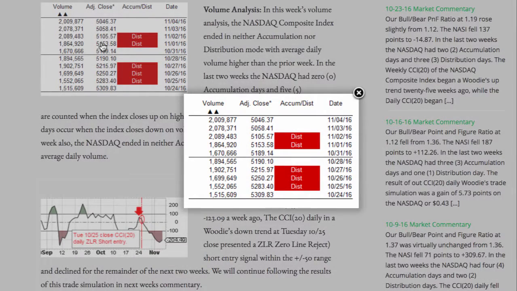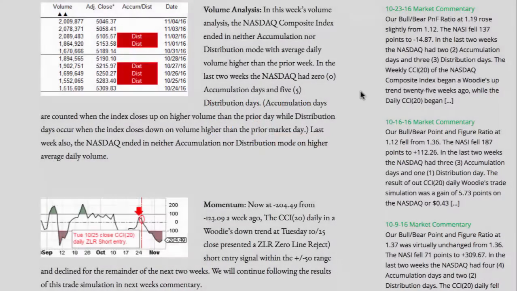Volume analysis. In this week's volume analysis, the Nasdaq Composite Index ended in neither accumulation nor distribution mode, with average daily volume higher than the prior week. In the last 2 weeks, the Nasdaq had 0 accumulation days and 5 distribution days.